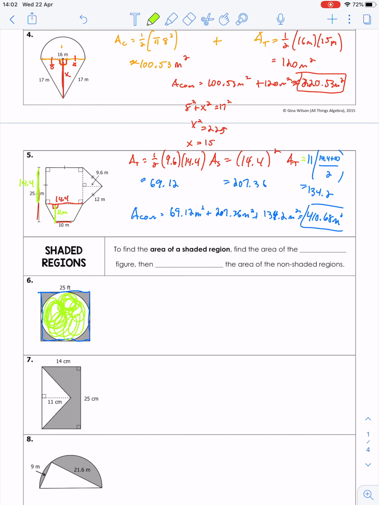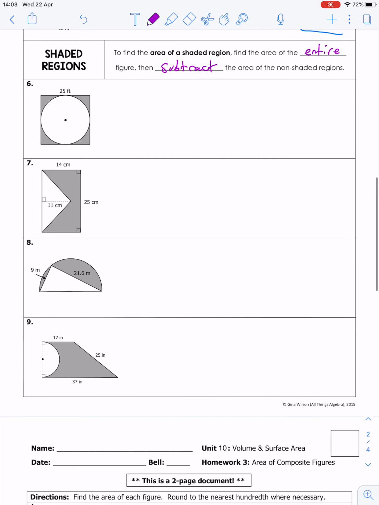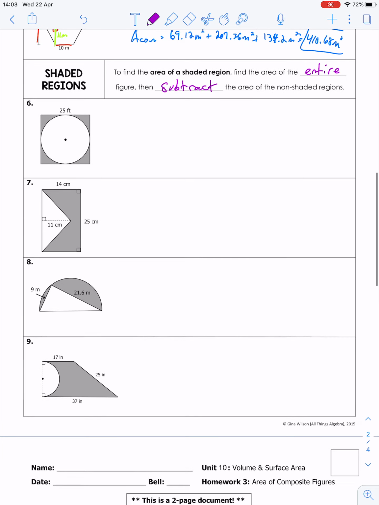The only thing that would be left would be this region, right? All that would be left is the purple. So that's the idea. You take the area of the entire figure, and then you subtract the area of the non-shaded regions. That's the idea. Okay, so let's do the odds here.